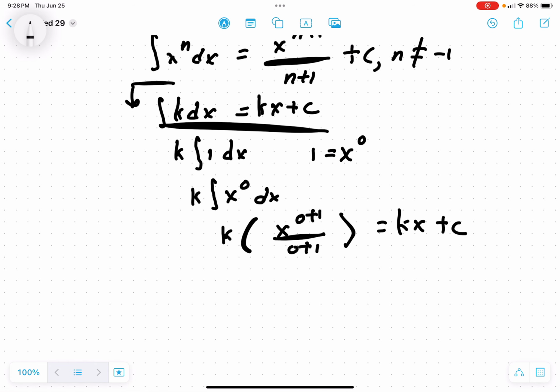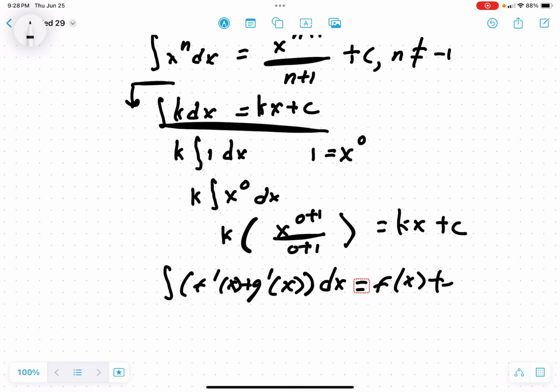Next, I can say that the integral of f prime of x plus g prime of x dx equals f of x plus g of x plus c, and we already did this one also.